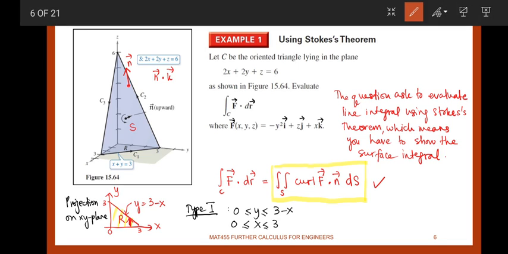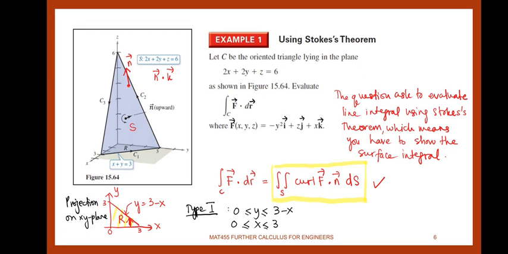Because the question asks you to evaluate line integral, the integral of a vector field F dot dr. Hence, using Stokes theorem, you want to actually show the surface integral. Yes, it is as such, okay? You cannot show the one that the question asks. It is actually the other side of the Stokes theorem, okay? Therefore, you want to show using surface integral.